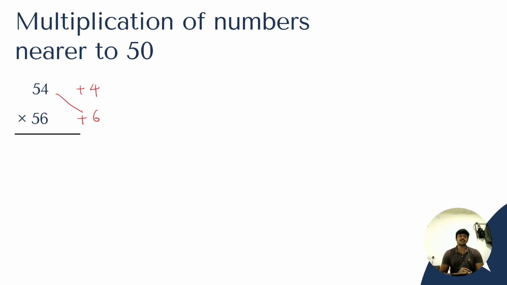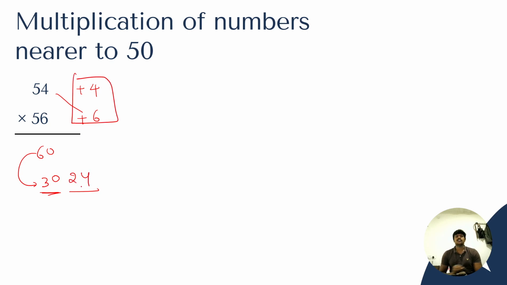Here, I'm going to take the cross sum because I'm having positive signs. 54 plus 6 will give you 60, but there you would take the first part as 60 as it is. But now, we are going to halve it. This will be your actual first part.